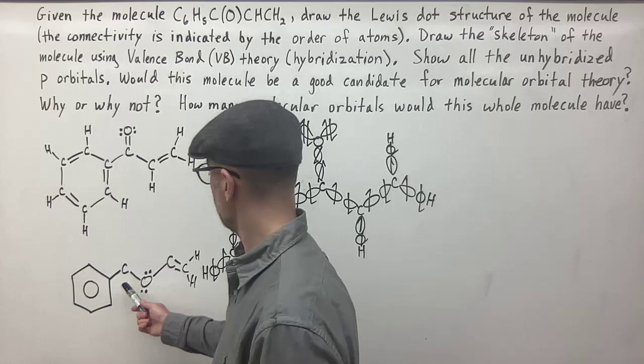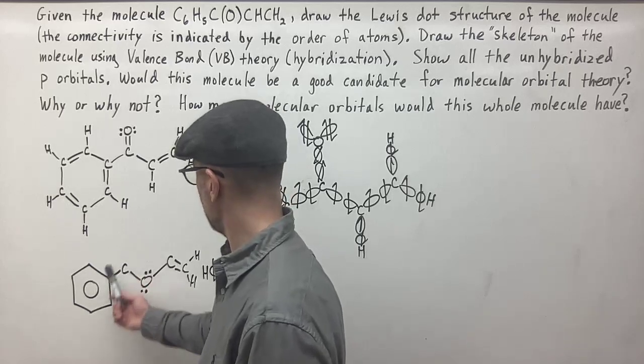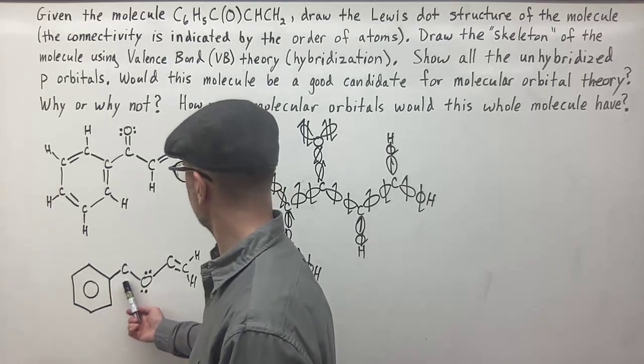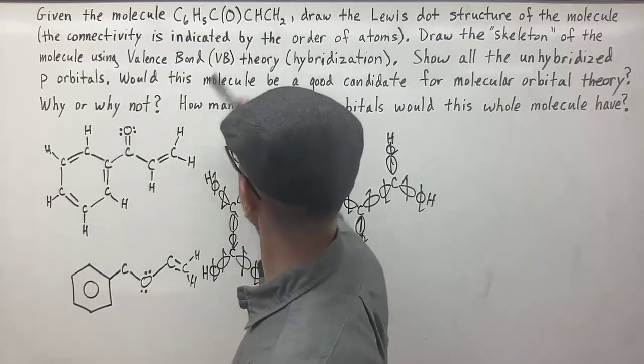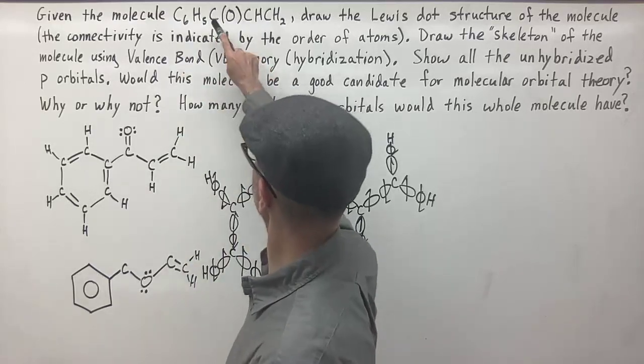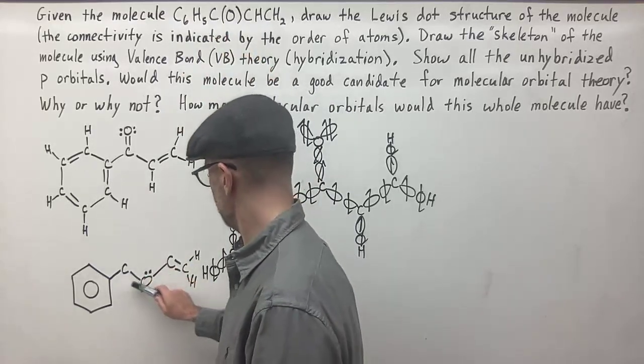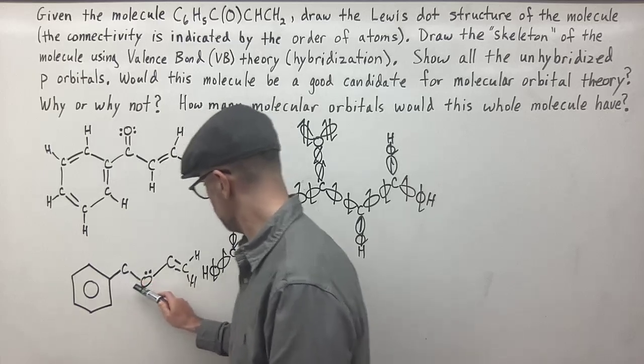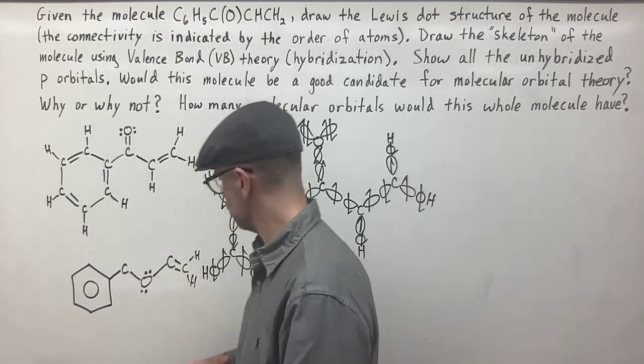And now here, you'd have to figure out what's going on with the carbon here, because in our molecule, there's no hydrogens on this carbon. It's just the carbon bonded to the oxygen.